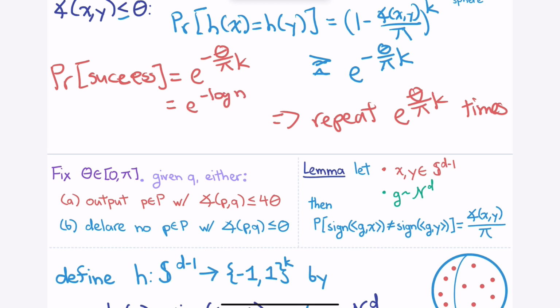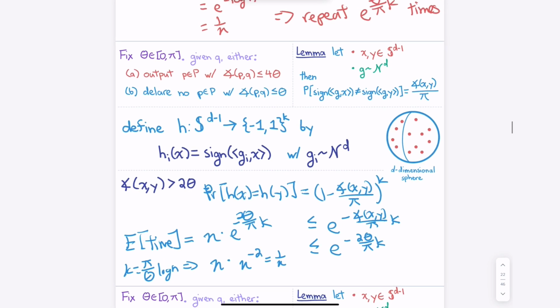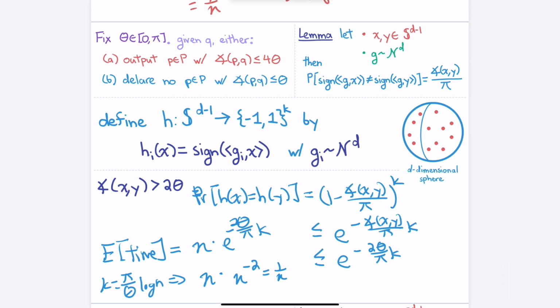So when we choose k to be pi over theta times log n, you get a 1 over n chance of success. Now we'll have to repeat n times, so that's not great. We're getting closer, but k equals pi over theta log n wasn't quite good enough.